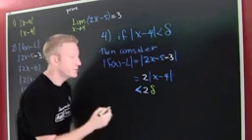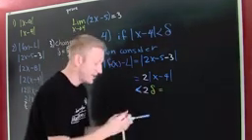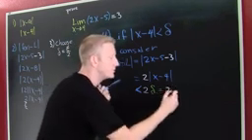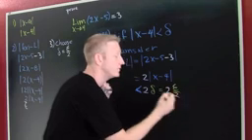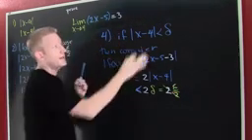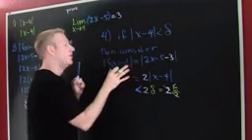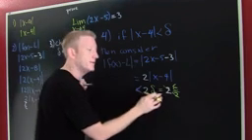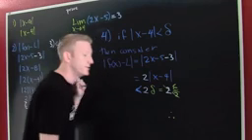But what was our choice of delta? Our choice of delta was to let delta be epsilon over 2. So now we have 2 times epsilon over 2. Divide! And we've done what we set out to do. If this is smaller than that, then we've shown that the function minus the limit is smaller than epsilon. It has been shown.